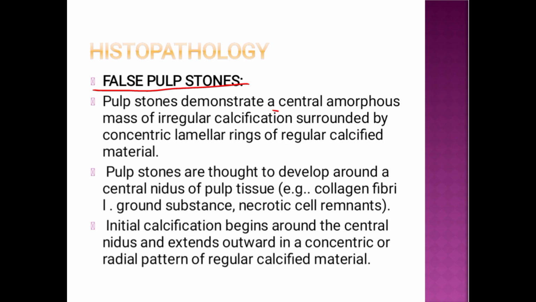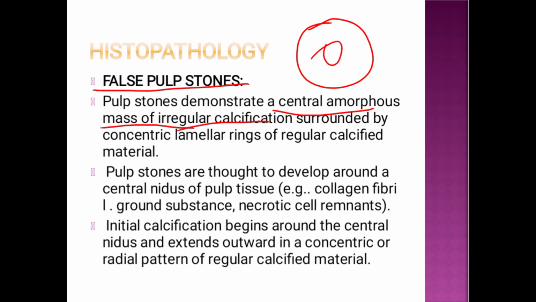As we saw, it has a central amorphous irregular mass of irregular calcification, which is surrounded by concentric laminar rings of regularly calcified material.